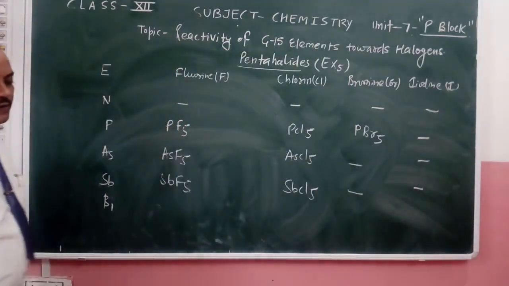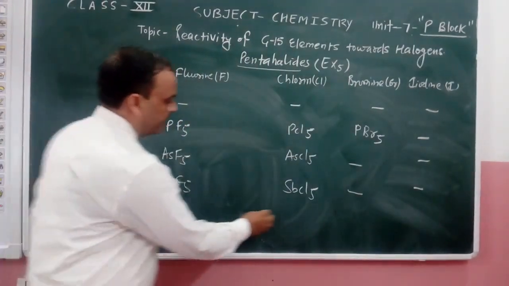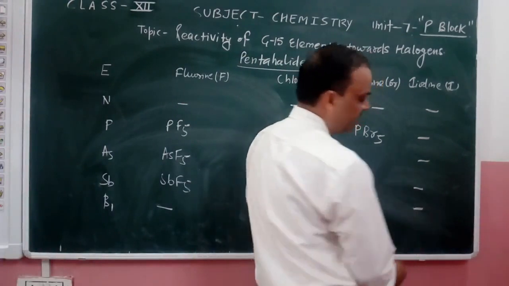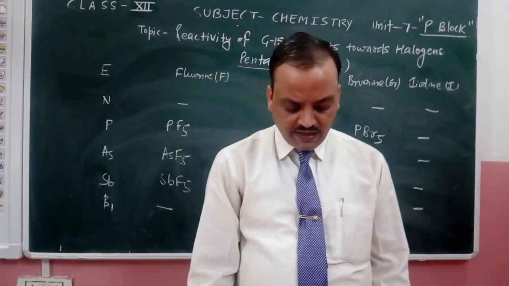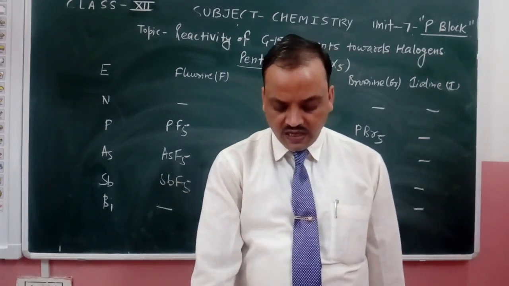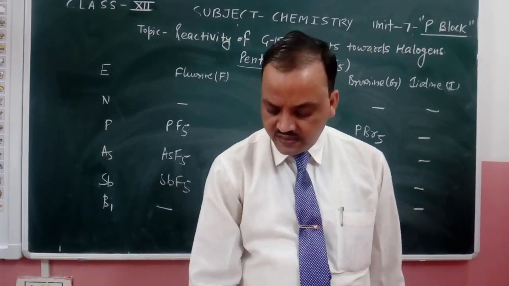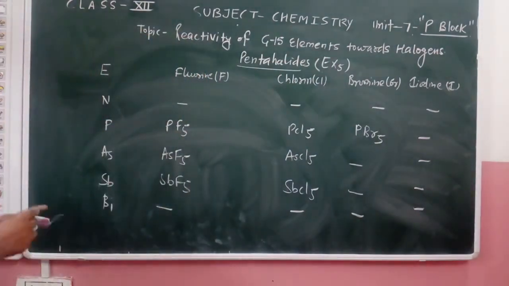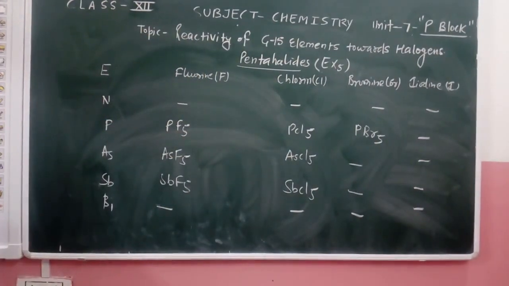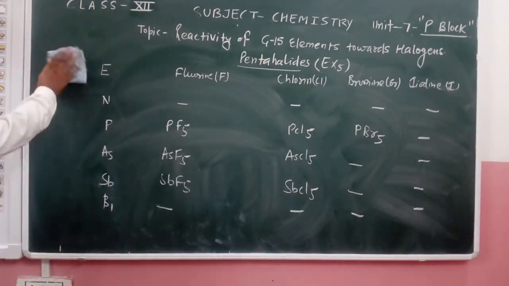In case of bismuth, these products will not form there. So these are the pentahalides which are formed there. We see in the table that these are the general trihalides and pentahalides formed by these elements.